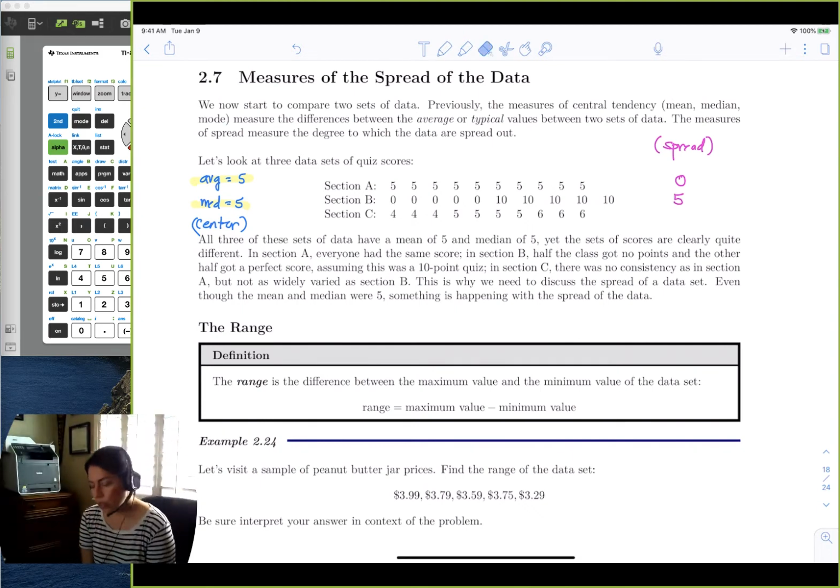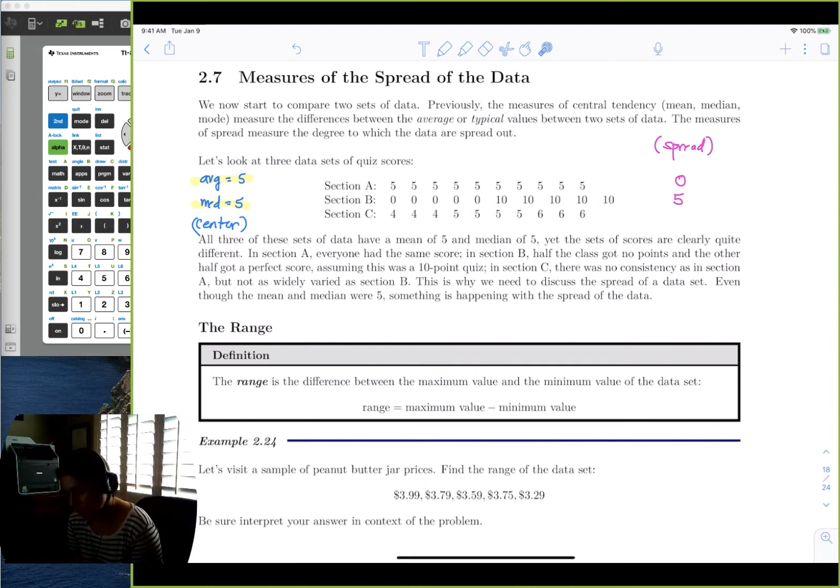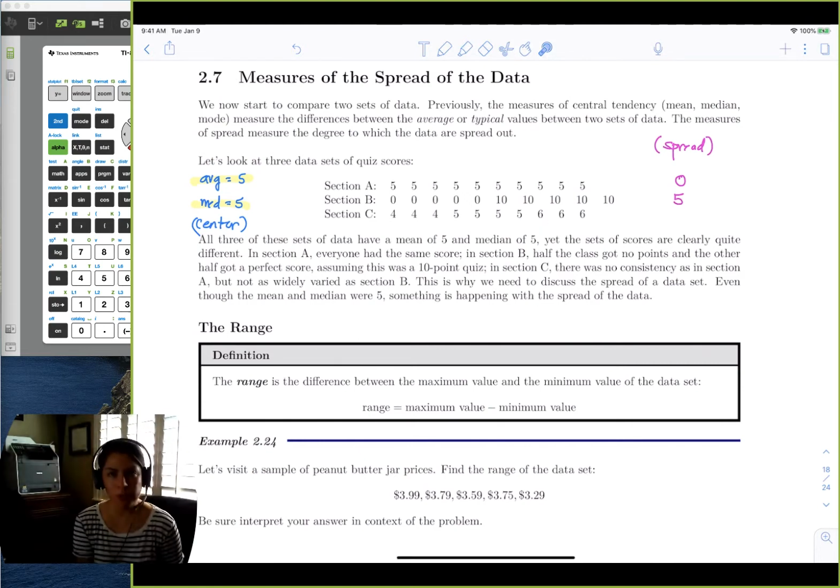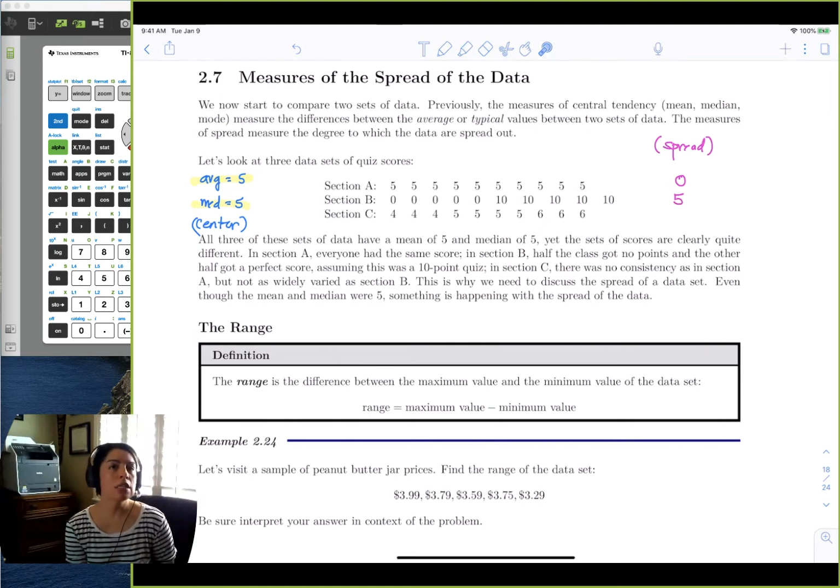Now let's look at section C. We have 3 4s, 4 5s, and 3 6s. If the average is 5, then what is the distance between 5 and all these scores? Well, from 4 to 5 is 1 unit, and from 5 to 6 is also 1 unit. So the average distance from the mean is 1 unit.